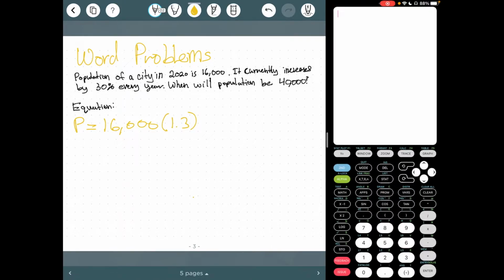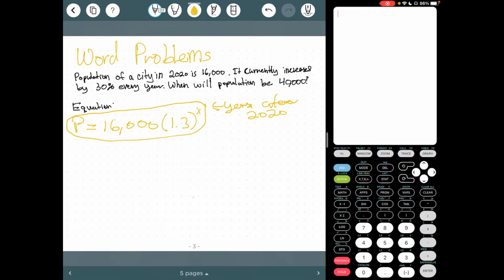So 1.3 represents a growing 30% every year to the power of x, which represents years after 2020. So this is our equation to find the population in any given year after 2020 for the city.